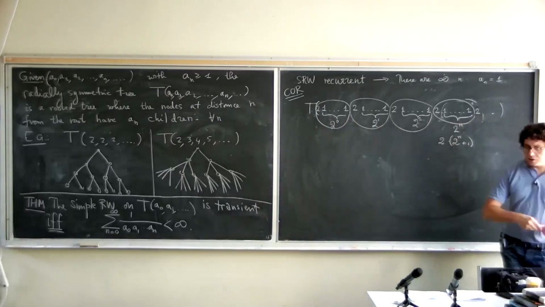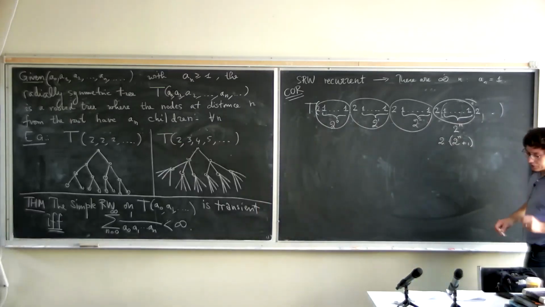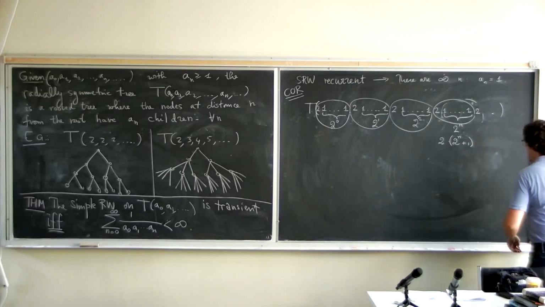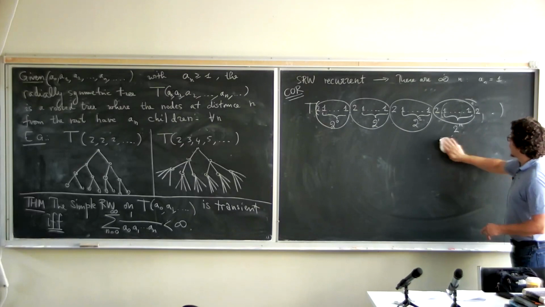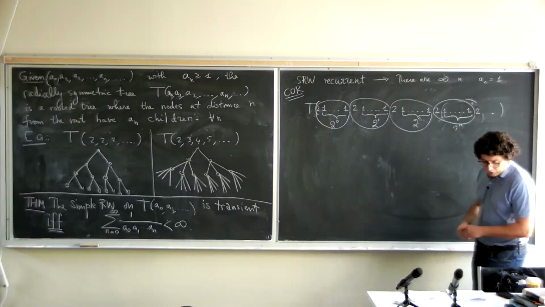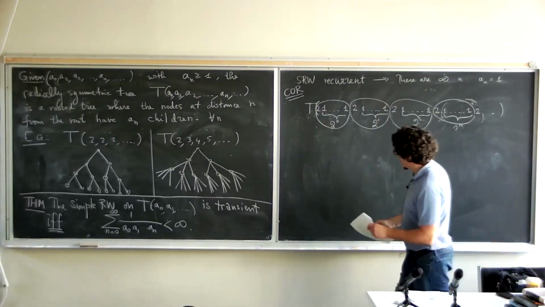Okay, so now let's look at the theorem, and the theorem will use some result on Markov chains, and which also will use some of the martingale convergence. So we need some lemma like this.